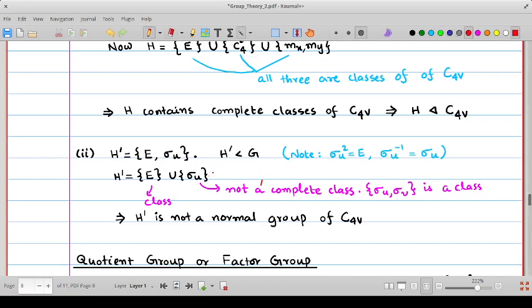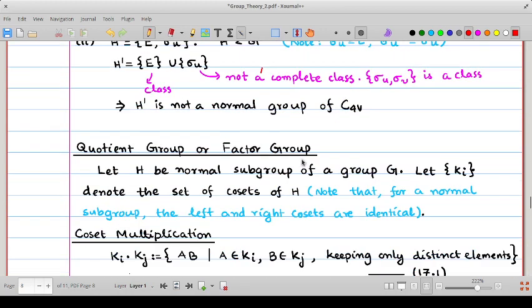From the theorem that we discussed earlier, if H dash was a normal subgroup, it would contain complete classes. Now we can explicitly see here that it does not contain complete classes because the set sigma U is not a complete class. Therefore, H dash is not a normal subgroup of C4V.